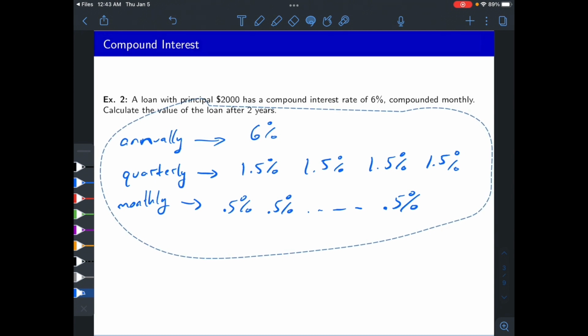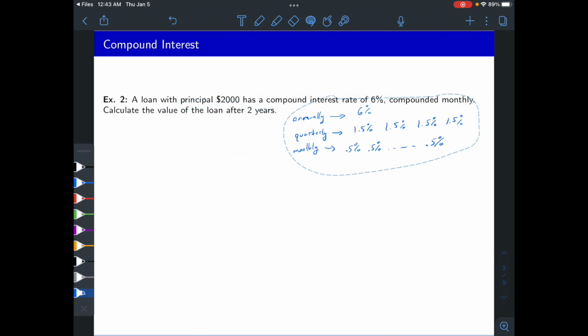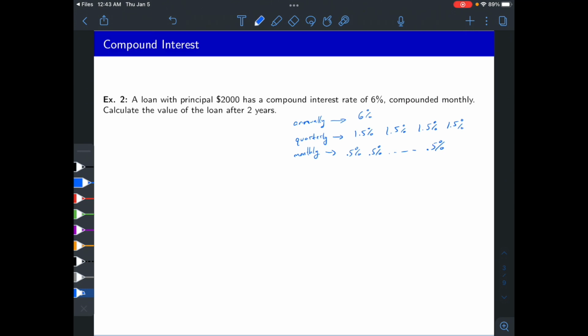So let me shrink this, push this off to the side. Okay, so we're going to be doing this for 2 years. We start with $2,000, and then at the end of the first month, each month it's kind of like simple interest where you just do 1 plus your 6%, which I'm going to convert to a decimal, 0.06, and then we just divide that by 12.